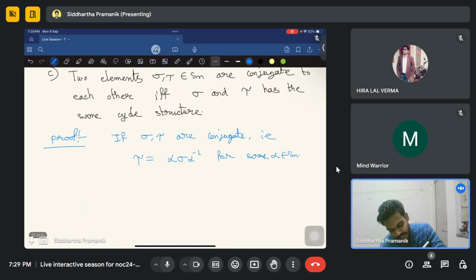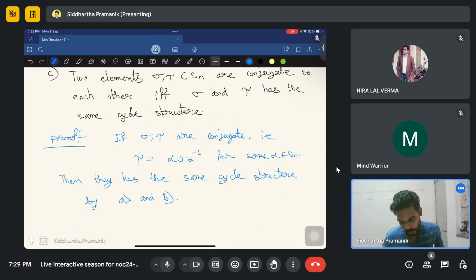Then they have the same cycle structure by, let's say, A and B.